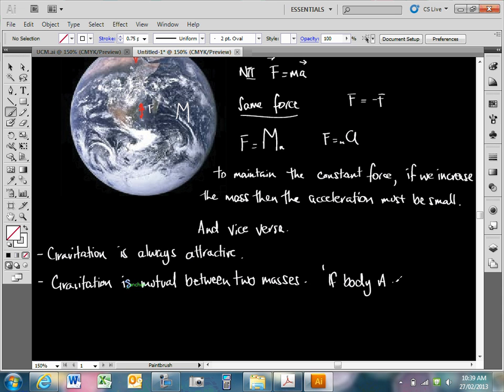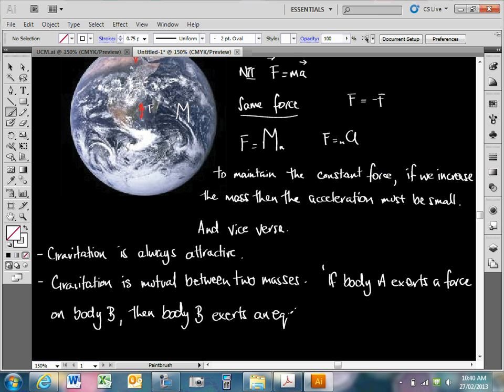If body A exerts a force on body B, then body B exerts an equal and opposite force on body A.